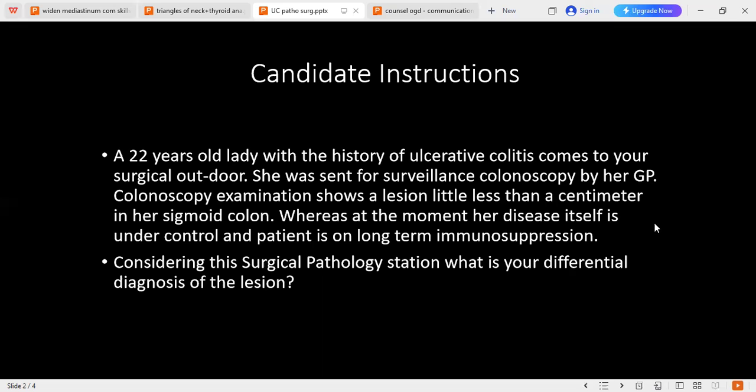If you could tell me, what treatment can you offer this patient? Okay, for this patient, I'll consider proctocolectomy and ileostomy.